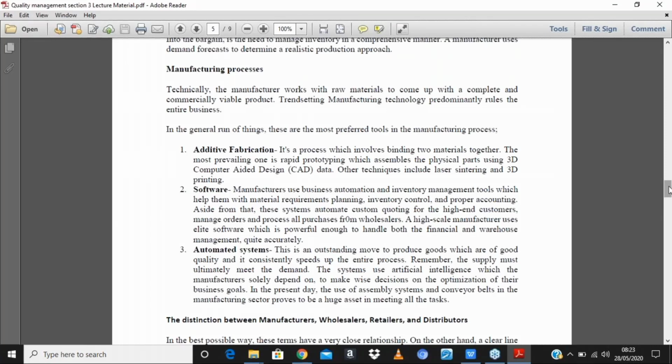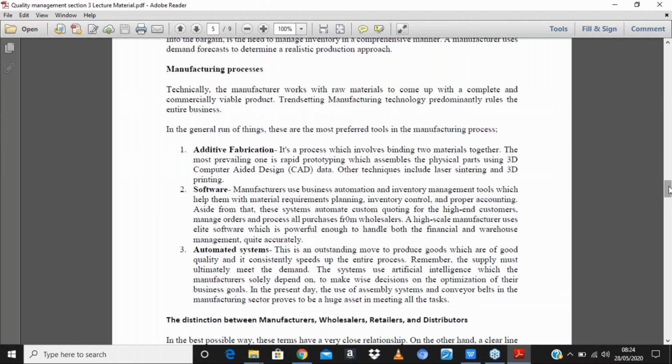Commercially viable products. Okay, so trend-setting manufacturing technology predominantly rules the entire business, or the tools in the manufacturing process.